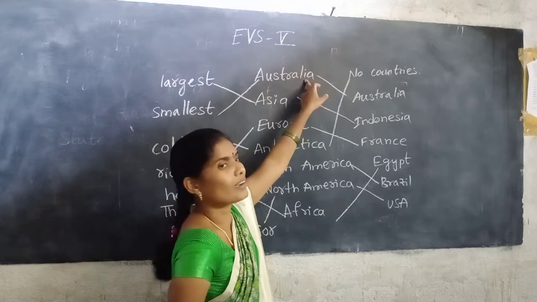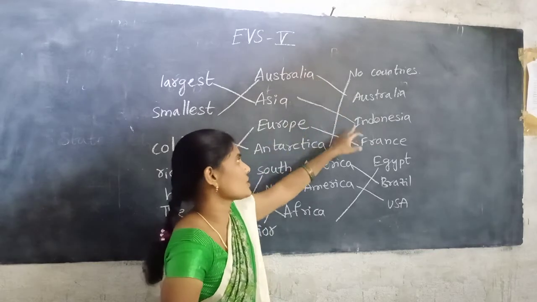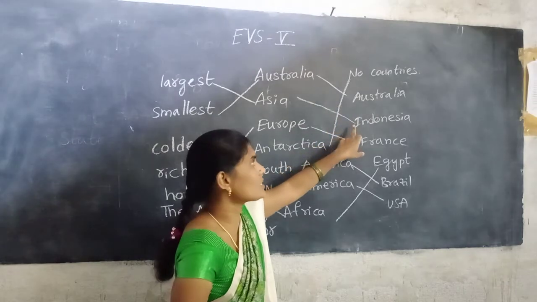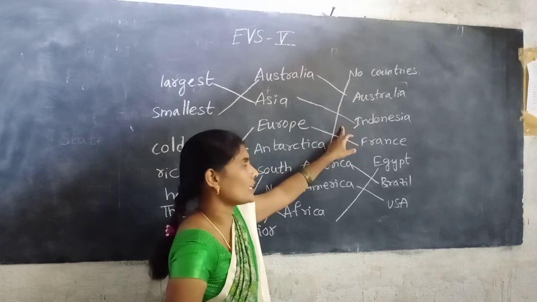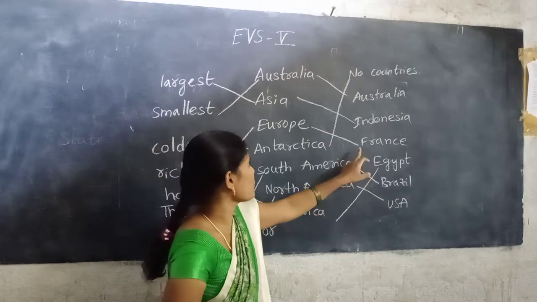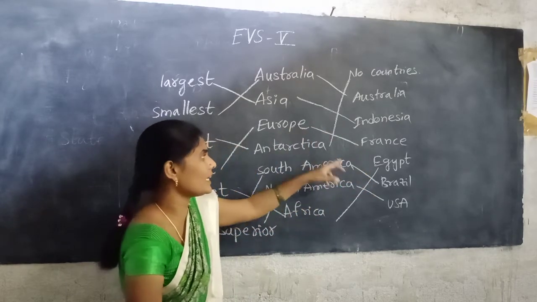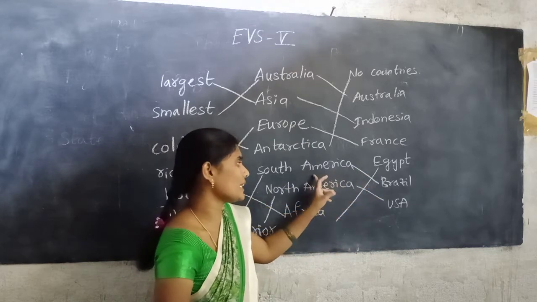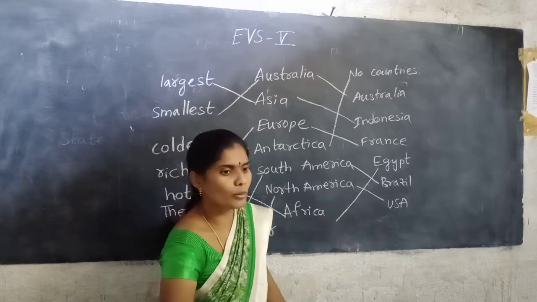Australia is the country and continent. Indonesia is an Asian country. Sorry, France is a European country. Egypt is an African country. Brazil is a South American country. USA is a North American country.